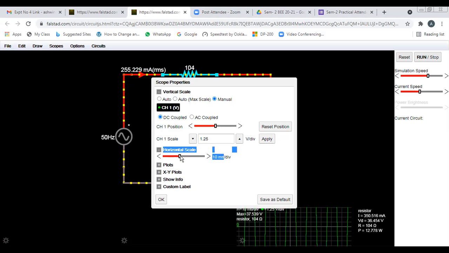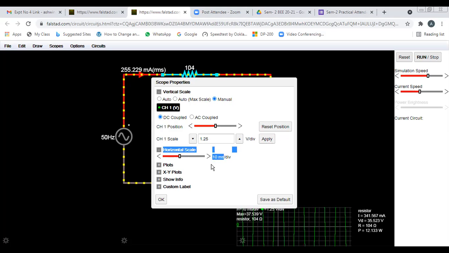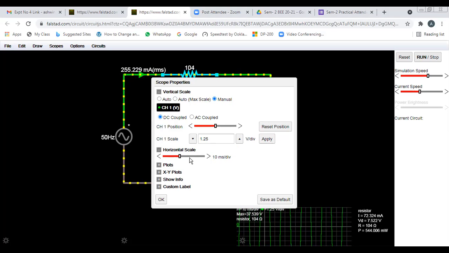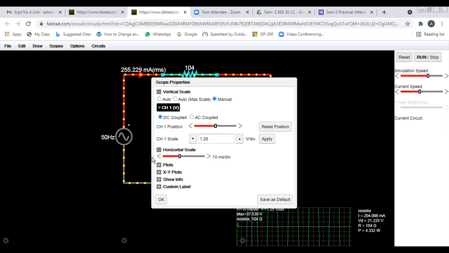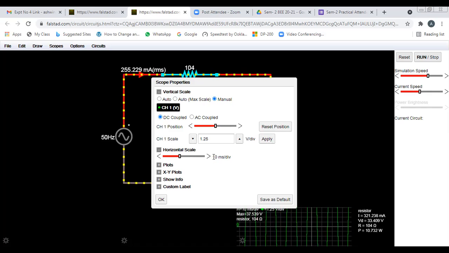There is a slide bar. You can move this to zoom in and zoom out the waveform along the x-axis. No need to zoom here because it is proper. Right now it's at 10 millisecond per division. Suppose I increase it, you can increase, decrease. If you increase, see, the waveform gets zoomed along the x-axis.